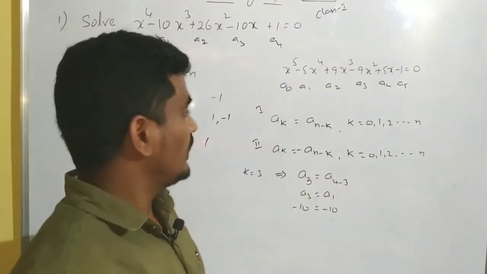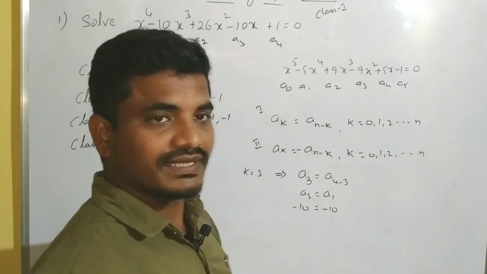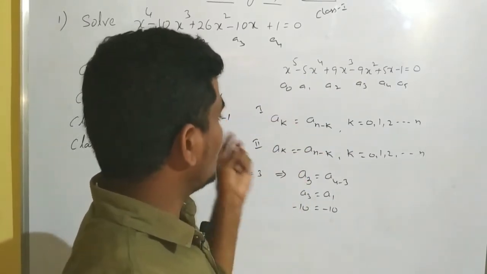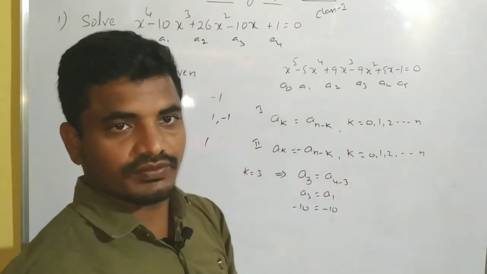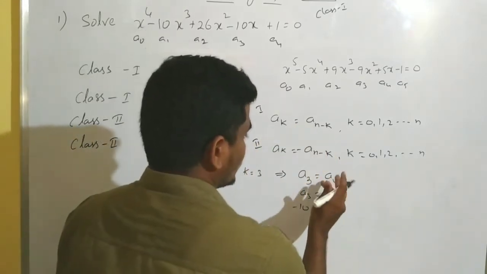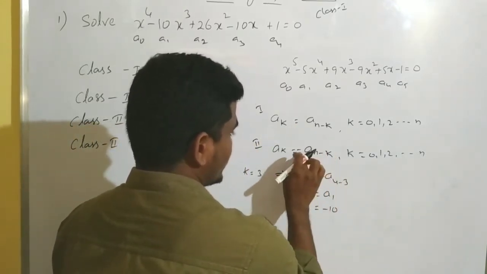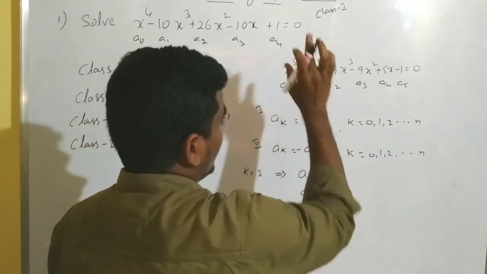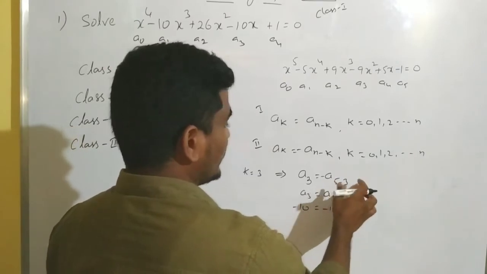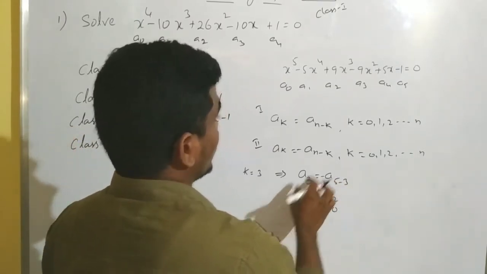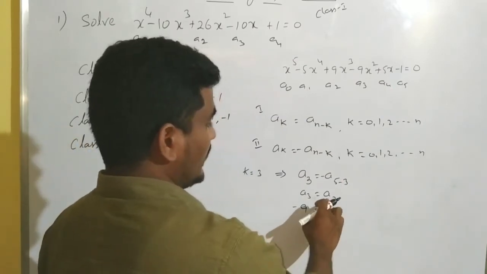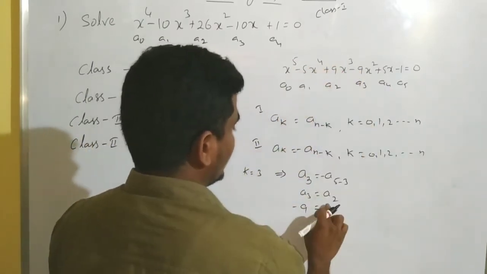Now to check whether the second one is class 1 or not, let me substitute in the same formula. First I substitute in the class 1 equation formula. Class 1 means we keep the sign unchanged, and N equals 5 here. 5 minus 3 equals 2, and A3 equals minus 9, while A2 equals plus 9.